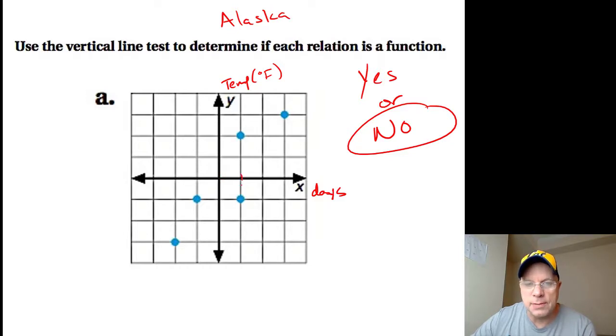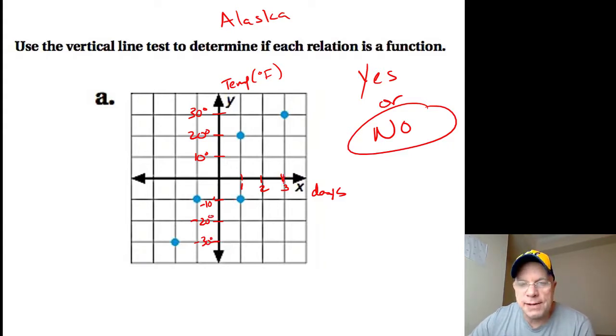Let's number these days 1, 2, 3, and let's put some actual temperatures here. 10, which will be low temperatures because we're talking about Alaska, of course. 20, 30. This is below the x-axis. This would be -10 degrees, -20 degrees, -30 degrees.